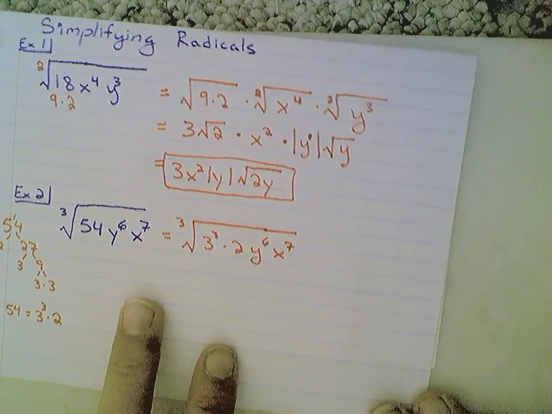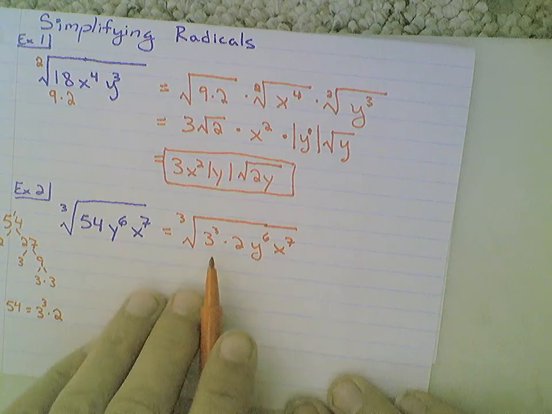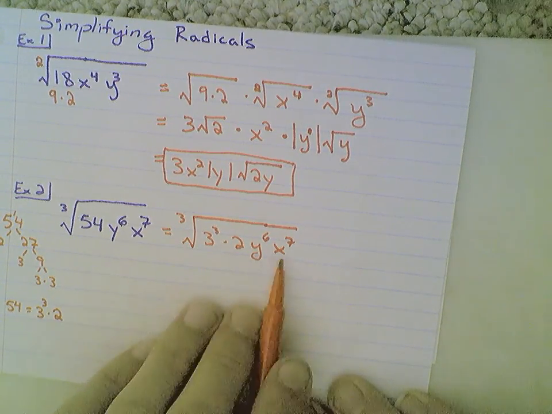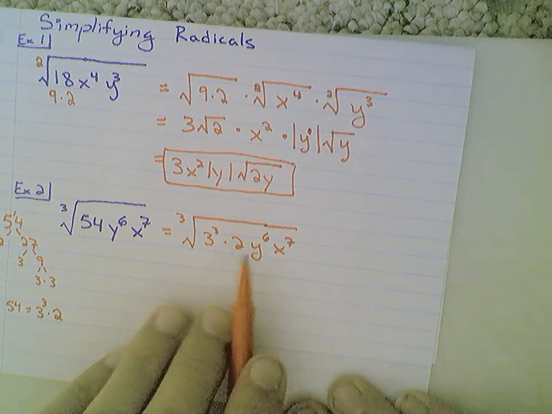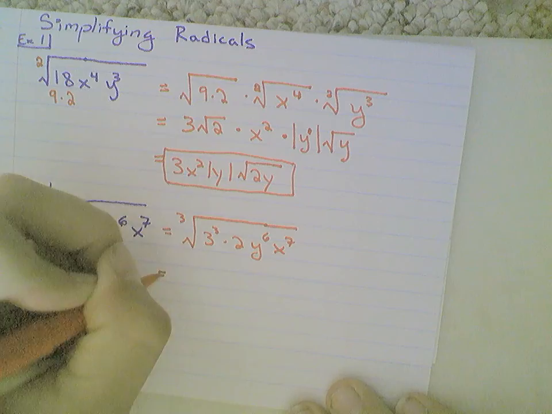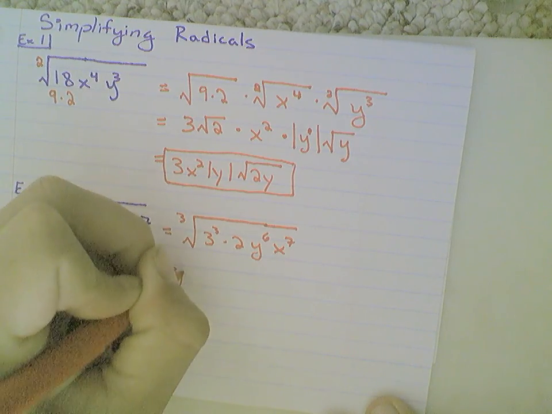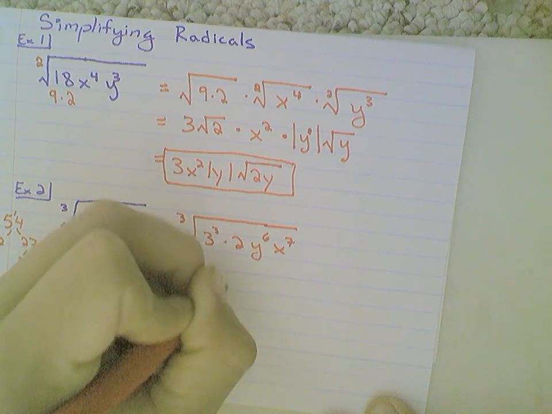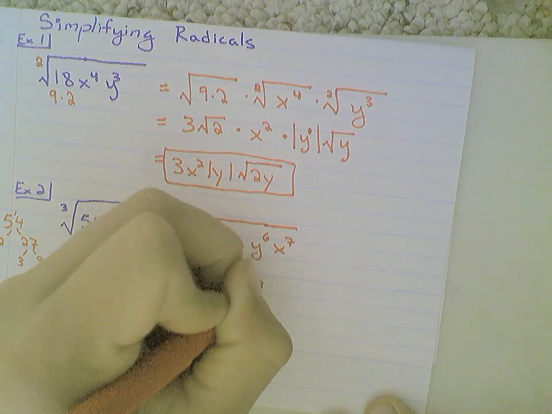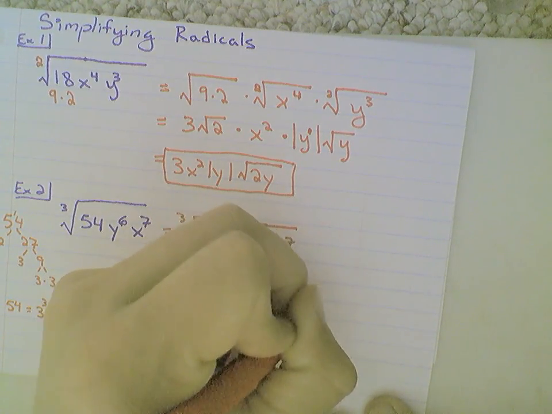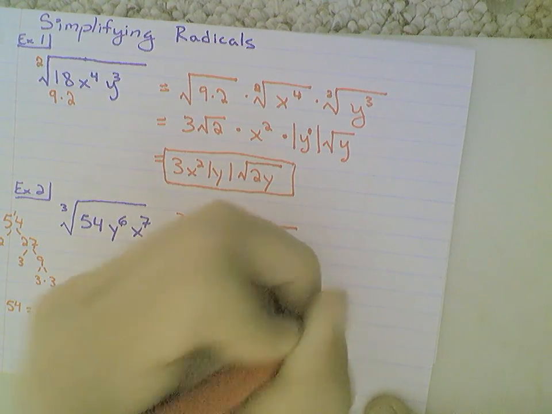Now, what this allows me to do then is I can break apart a radical that's all multiplication like this on the inside as a bunch of mini radicals being multiplied together. So for instance, I can think of this as the cube root of 3 to the third times the cube root of 2 times the cube root of y to the 6th times the cube root of x to the 7th.